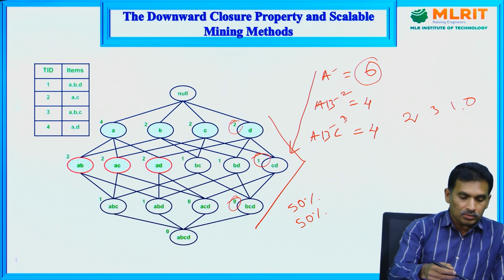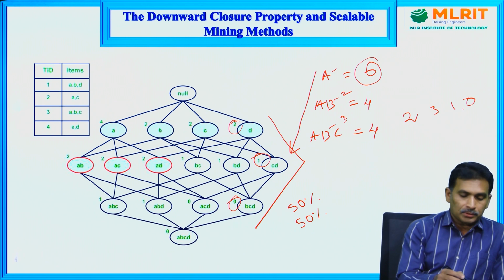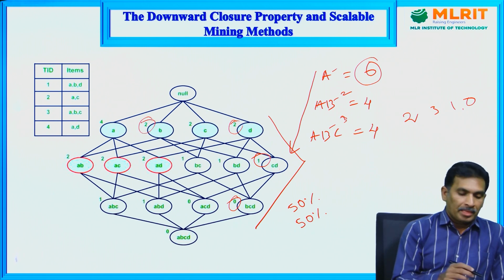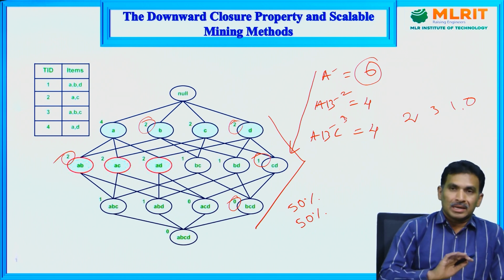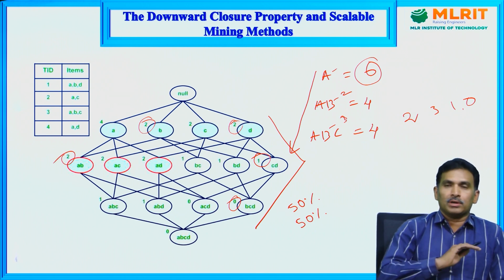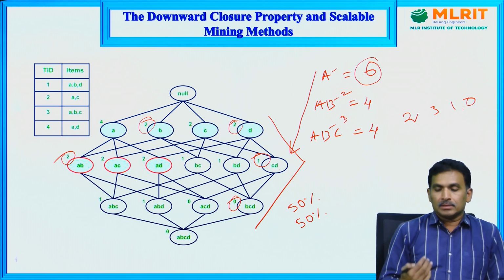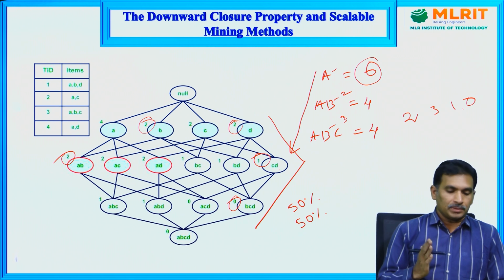Similarly you can go through this other example also. Suppose the item set B frequency is 2 and its superset AB frequency is 2, but it will not be more than 2. When the item set size increases, the support will not increase. It will remain constant or it may decrease.